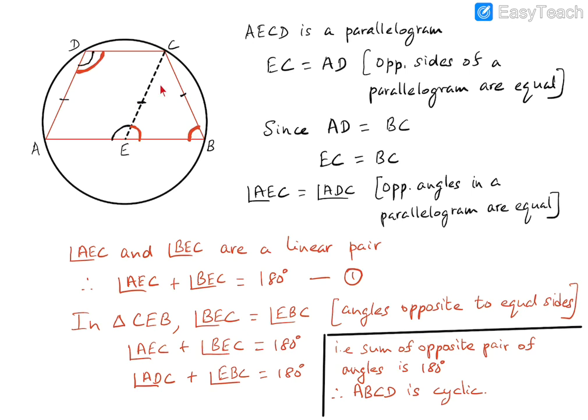From that, using the isosceles triangle property, we obtained that the angle BEC is equal to EBC, and then we substituted that back in the linear pair sum to get the sum of the opposite pair of angles to be 180 degrees, which we have proved here. That gives us the conclusion that ABCD is a cyclic quadrilateral. So the trapezium ABCD is a cyclic quadrilateral, or we say simply that ABCD is cyclic.